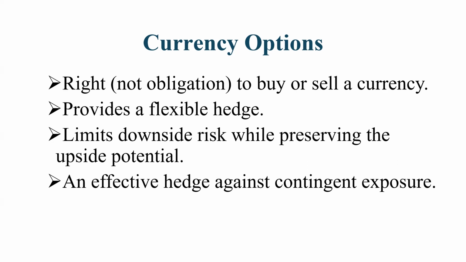Since the Canadian company may or may not face exchange exposure, it faces a typical contingent exposure situation. Note that it is difficult to manage contingent exposure using traditional hedging tools like forward contracts. But an alternative is for the Canadian company to buy a put option on the 50 million euros.